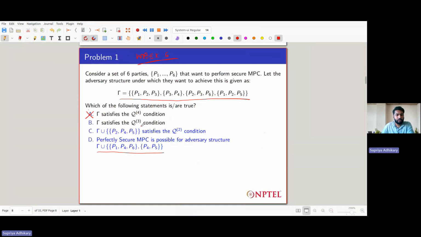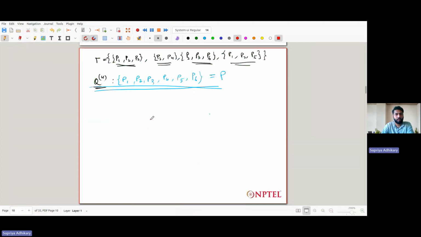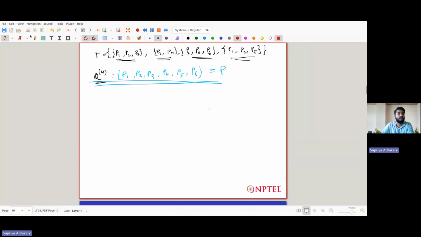Now let's see about the Q3 condition. For Q3, what you have to say is that if we take any three subsets from this gamma, then the union should not be the whole P. So let's see if that's true or not.